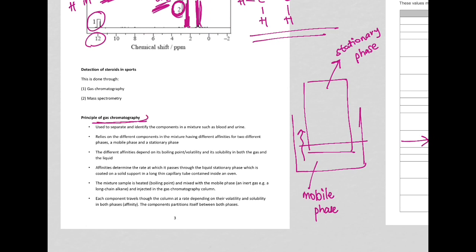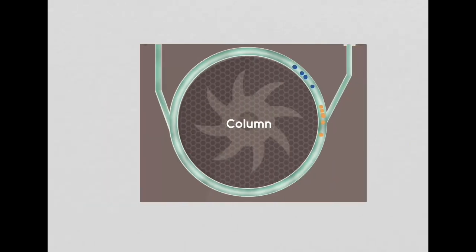Now in gas chromatography, the mobile phase is an inert gas. For example, you can have helium. And the stationary phase is a liquid, which is coated on a solid support in a thin capillary tube. If you look at the column like this, in the column you're going to have the gas, let's say helium gas.